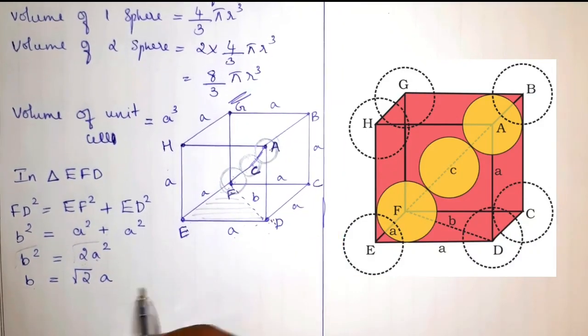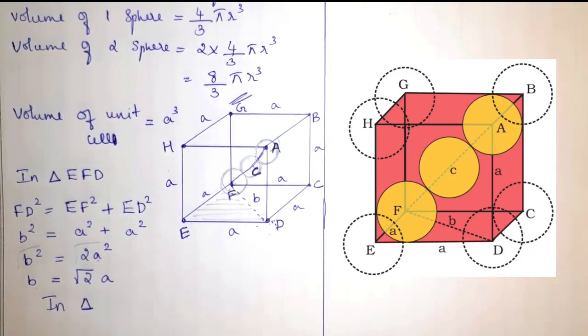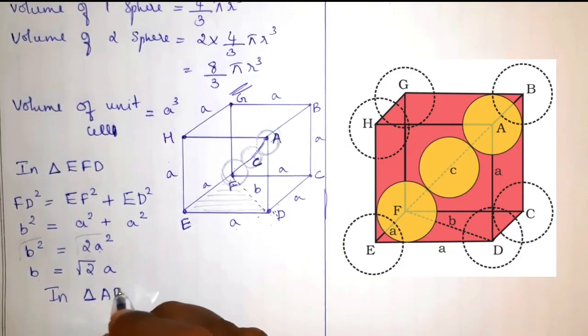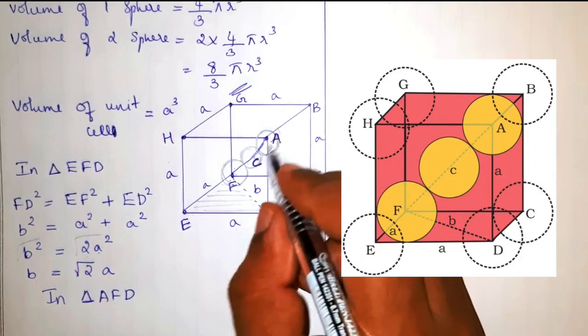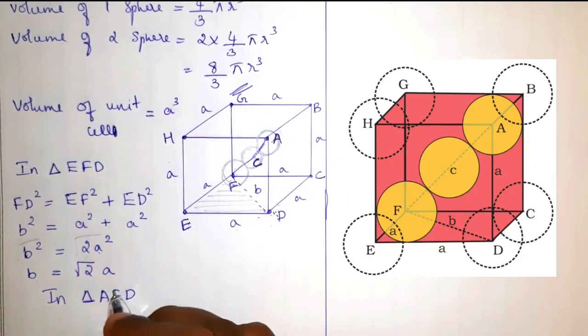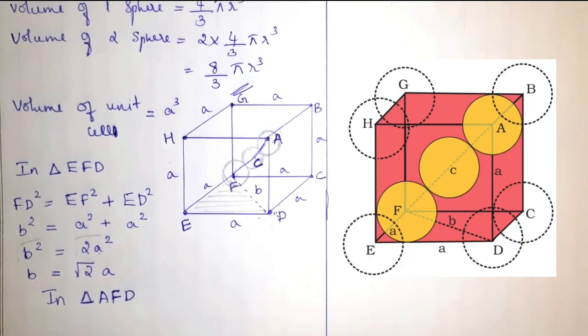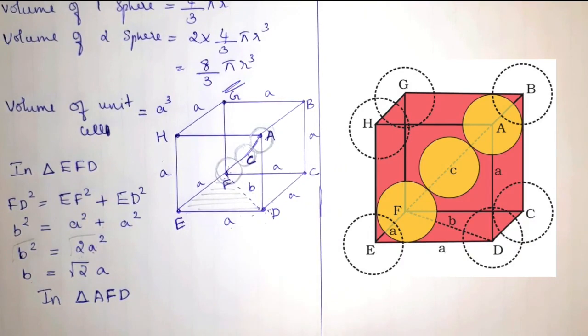That triangle is triangle AFD. This is the triangle where all the three spheres are touching the diagonal. So if you consider triangle AFD, you have to apply the same Pythagoras theorem here.